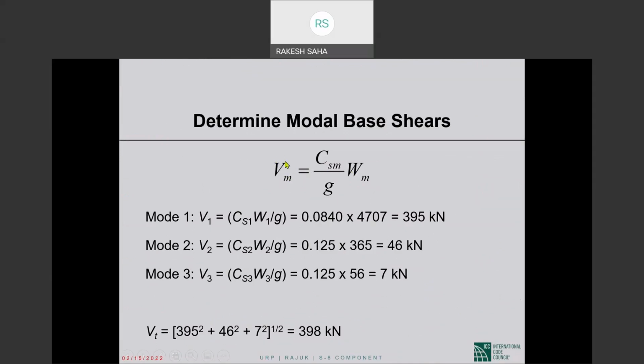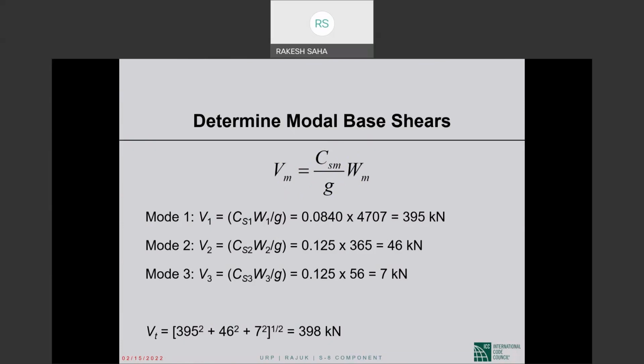The modal base shear is the modal base shear coefficient that we calculated times the modal mass, divided by G. The G you have to keep track of, and I don't have the time to spend on it, but trust me, where we have placed the G's need to be there.